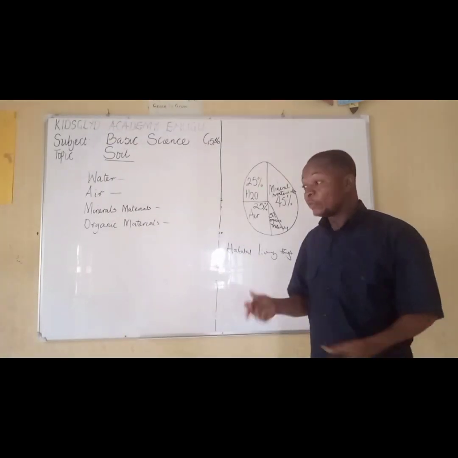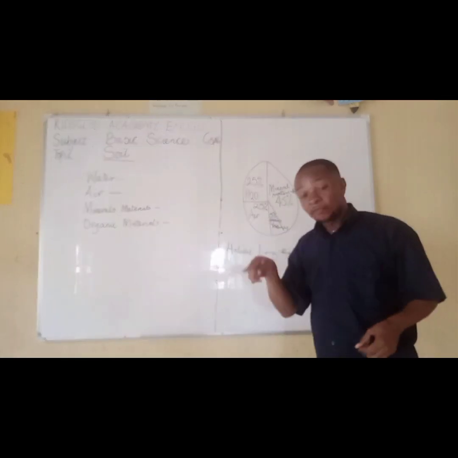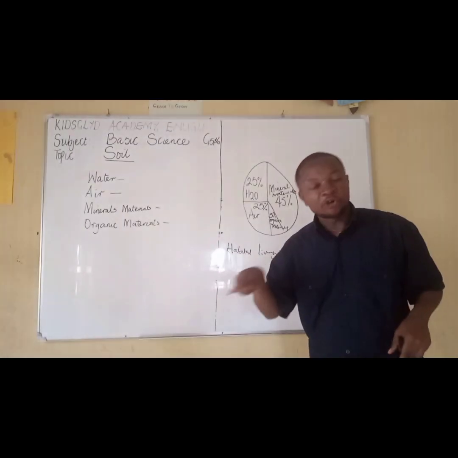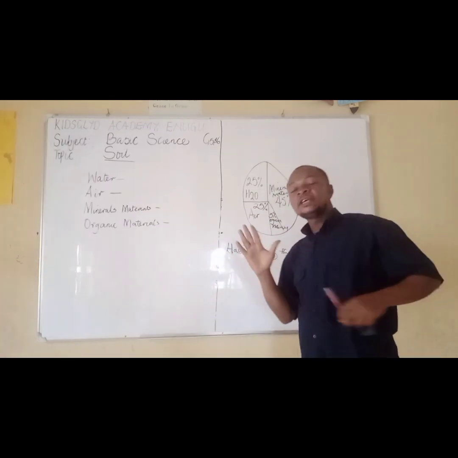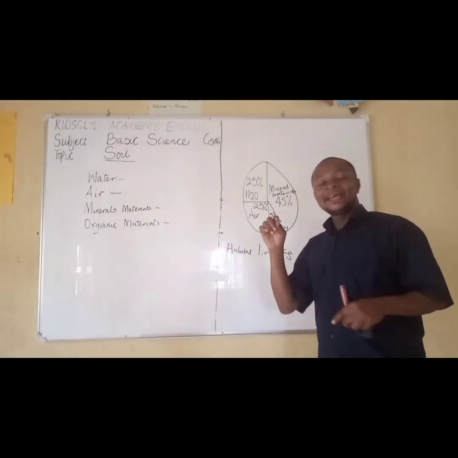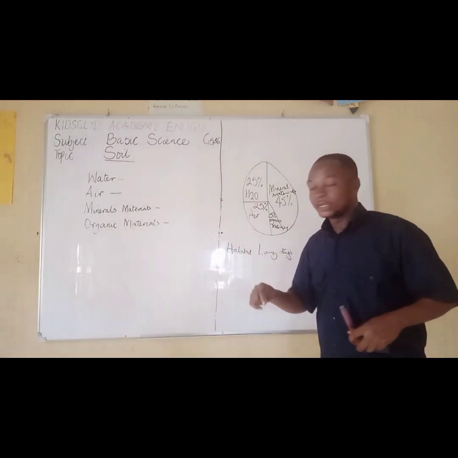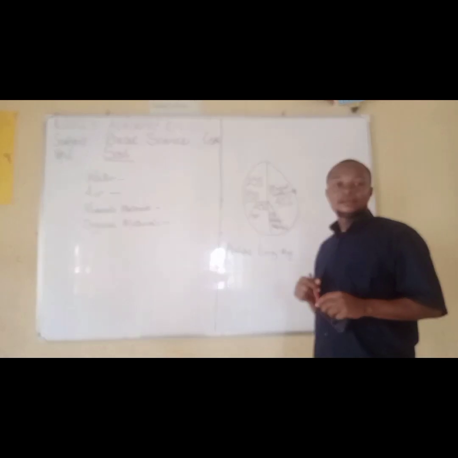We've seen snakes, rats, millipedes, centipedes. Some of them dig the soil to live under it. Some, when they get into the soil, will block the hole. So how do you think they breathe? The air content of the soil is what is sustaining those animals down there.